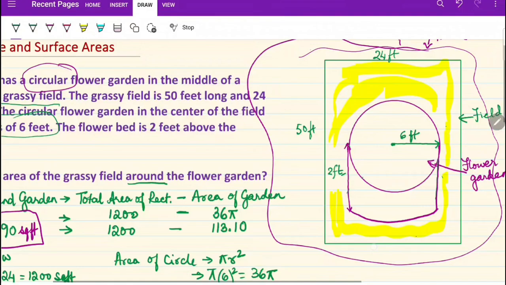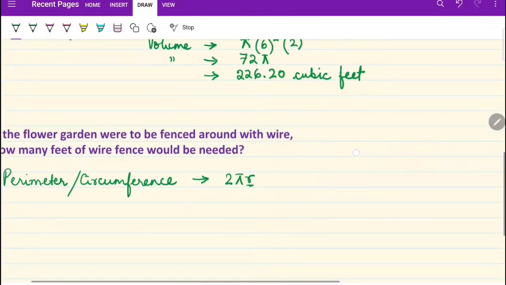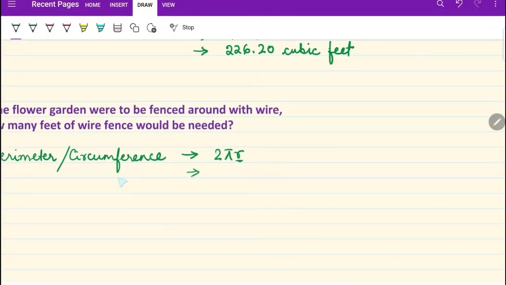So the radius of the circular flower bed is 6. That's what r is. So let's write this. The circumference is going to be 2 times pi times 6, which is going to be equal to 12 pi. And when we perform the calculation using a calculator, we should come up with a value of 37.70 feet rounded up.